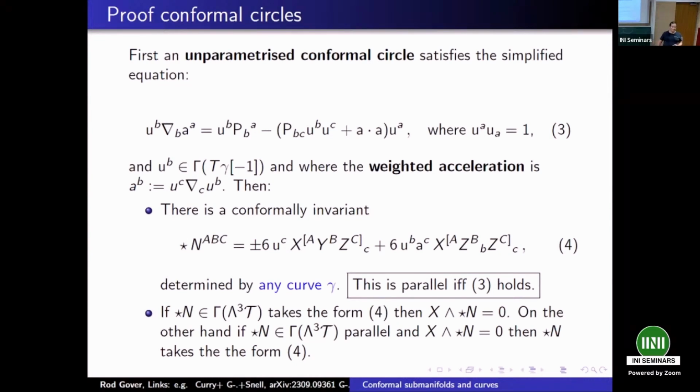Parameter is such that velocity has length 1. Yes, essentially the same. But we're working with weights, and we want to think of it that way. Yeah.